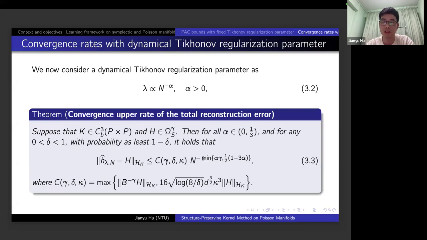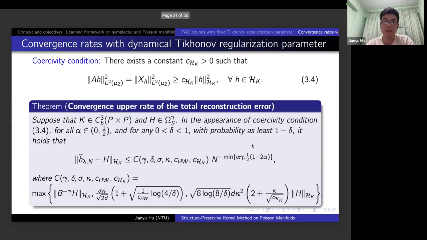And the convergence order is the minimum of these two constants. If we further assume a so-called coercivity condition, then we can improve the convergence rate of the parameter alpha from 1/3 to 1/2, and also improve the convergence rate here. Okay, these are the error bounds and the PAC bounds of the theoretical part.